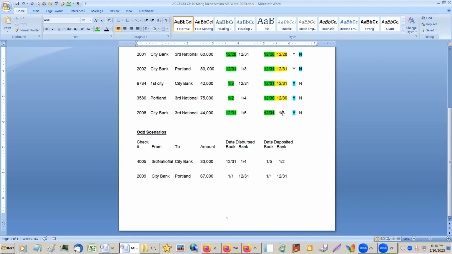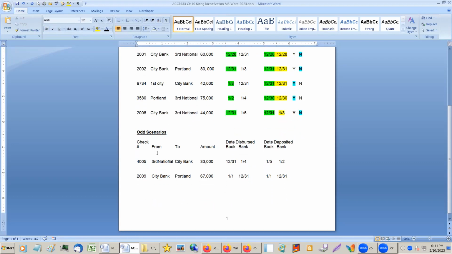And this one, there's just a delay in the bank counting it. They made the deposit, they didn't count until but they made it on or before, and they made it at the same time. So this one is not a yes. Some crazy person just put that in there. This is a no. Yeah, and this one, it was put in before.